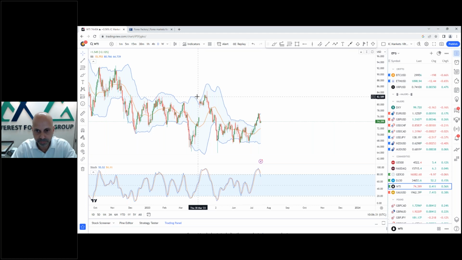Plus we have a big gap here, and then as price started to pull back, especially with stochastic turning down, you could say it's time to initiate a short position on WTI with a stop loss either just above this wick here, or perhaps just above where the body is, about 83 to 83.50.